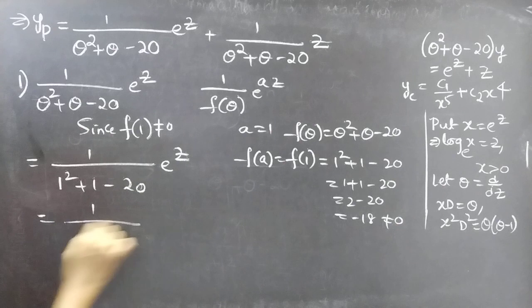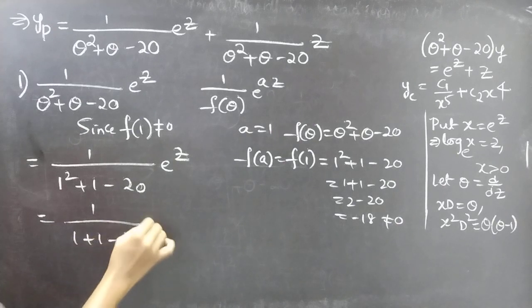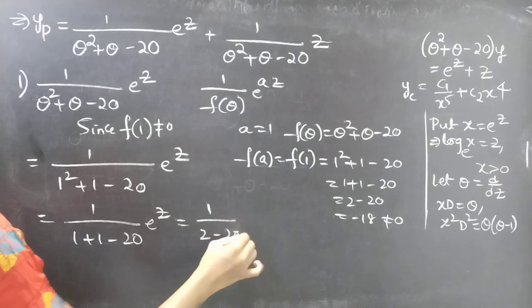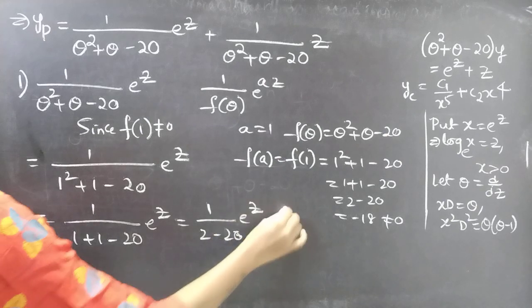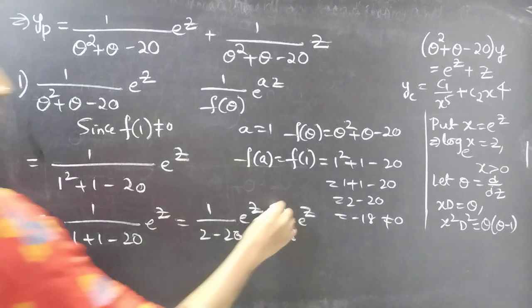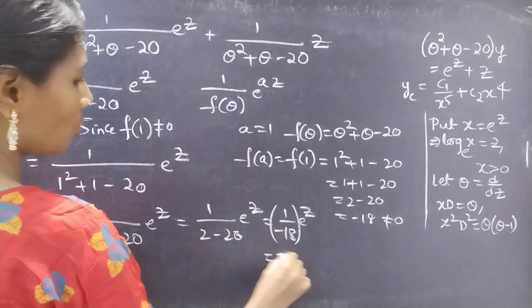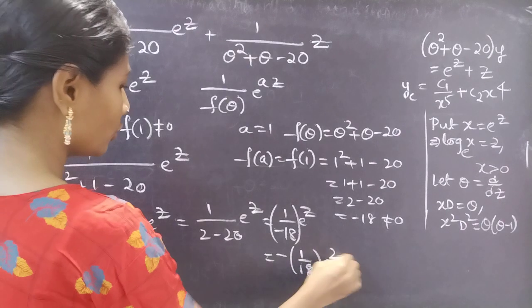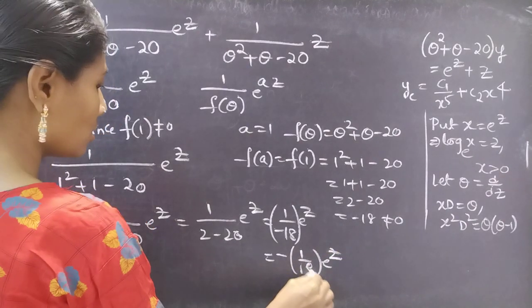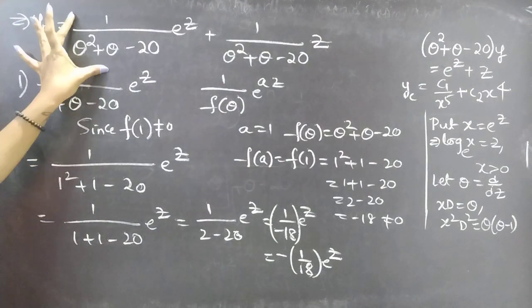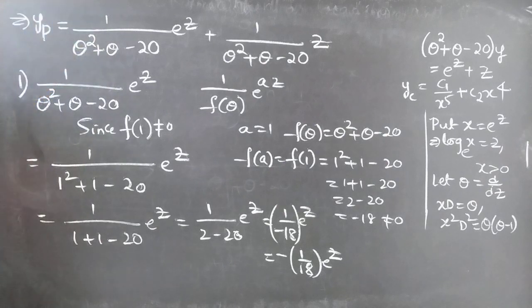This is equal to 1 by 1 plus 1 minus 20 into e power z. This is equal to 1 by 2 minus 20 into e power z, which is equal to 1 by minus 18 into e power z. We can write 1 by minus 18 as minus 1 by 18 into e power z, right? So this is the result obtained from the first term.